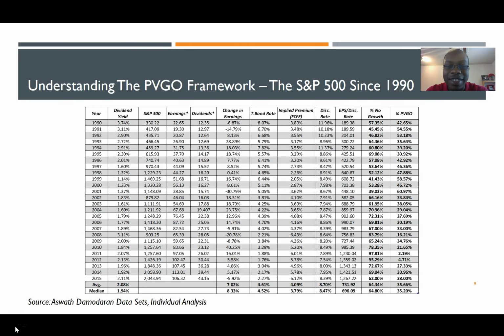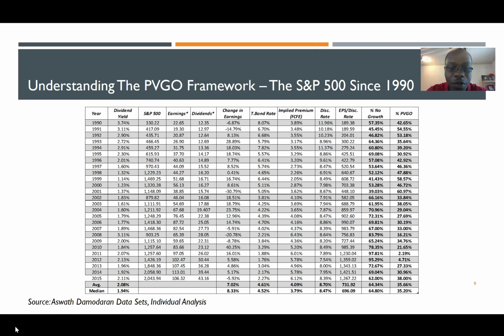Now, with all that said, let's do a little bit of an exercise here, looking at the S&P 500 in general over the past 25 years, really since 1990, just trying to understand where things have been.